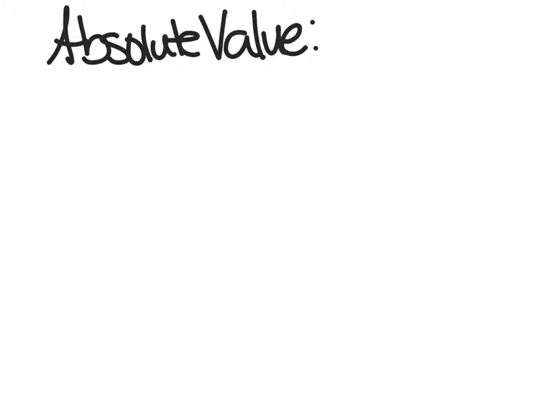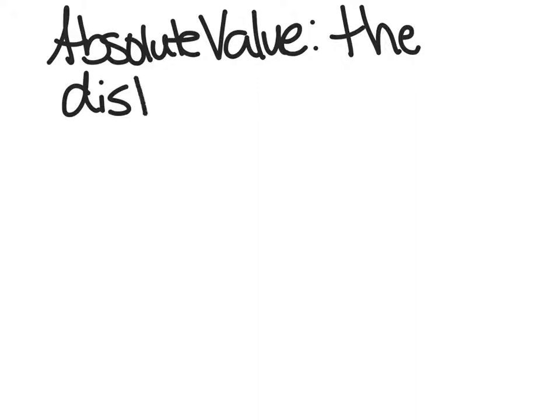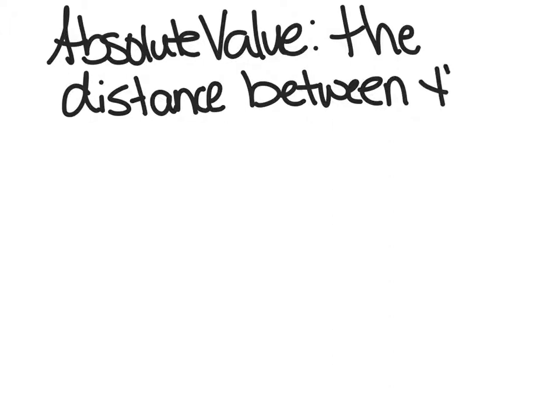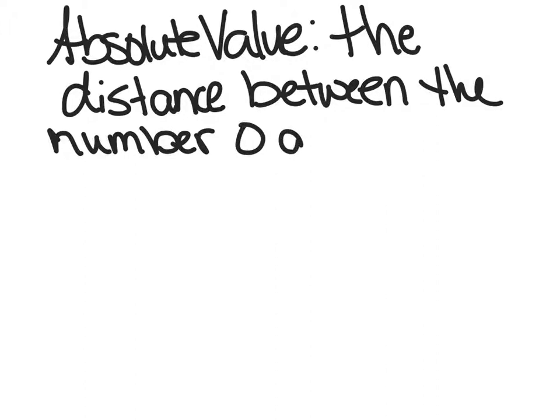The definition of absolute value is the distance between the number 0 and that number on the number line.